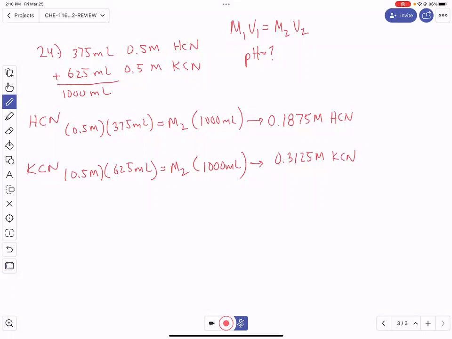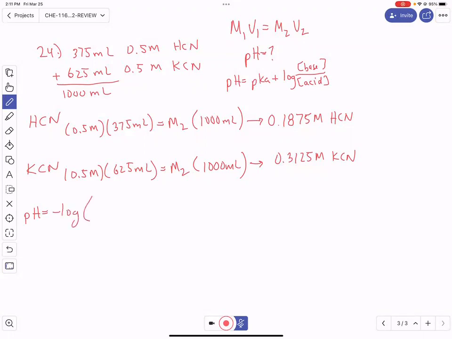Now that I know my new concentrations at my new volume, now I can find the pH, right? Using the Henderson-Hasselbalch equation, pH equals pKa plus the log of concentration of base over the concentration of my acid. So that's the last step, right? pH equals pKa, which is the negative log of Ka.